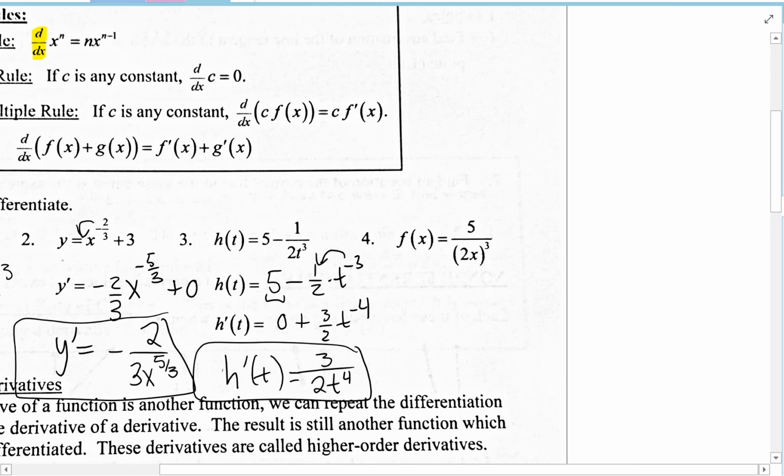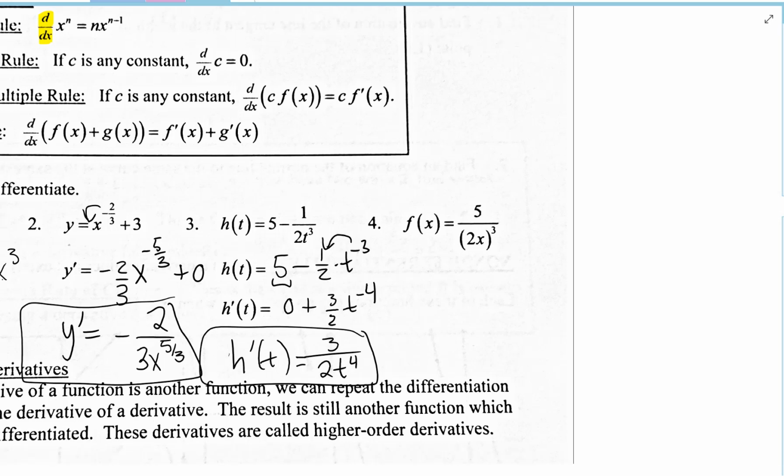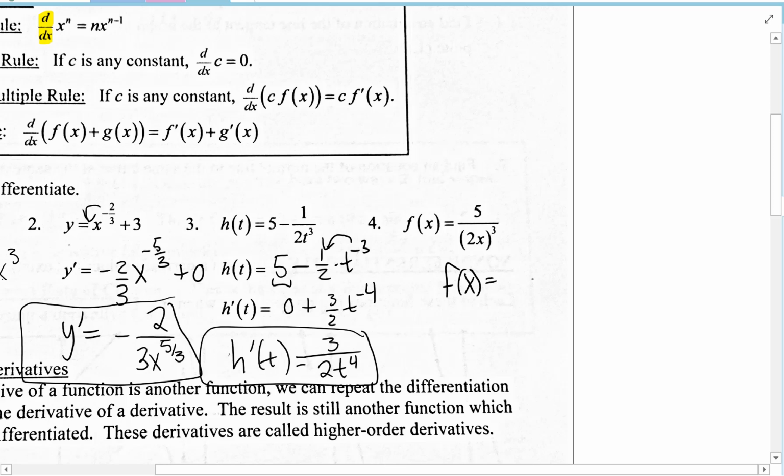Here, 2x, the entire 2x, is being brought to the third power. So I know that f of x is really just some constant, some fraction, times 1 over x cubed. But what is that fraction? It's not 5 over 2, because 2 is also being cubed.